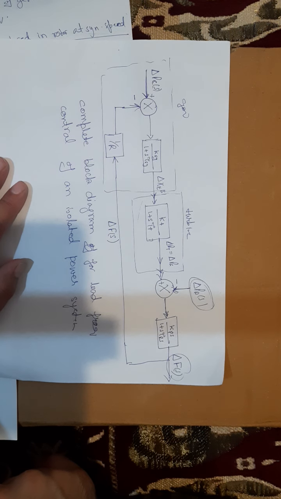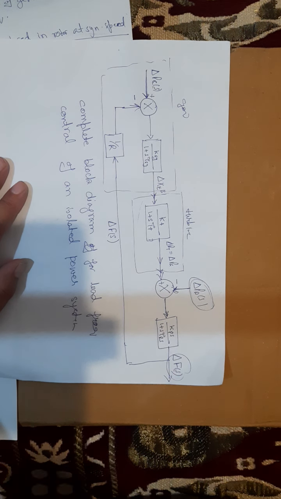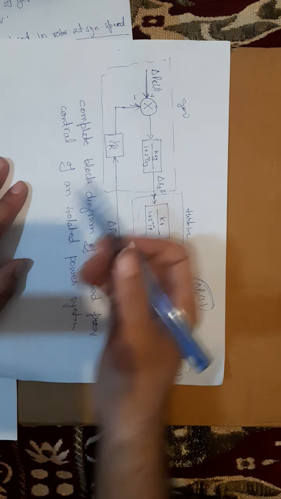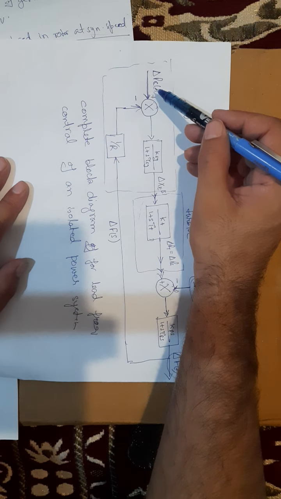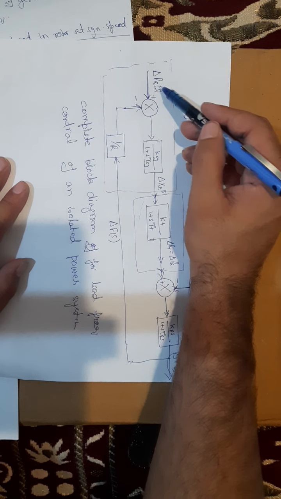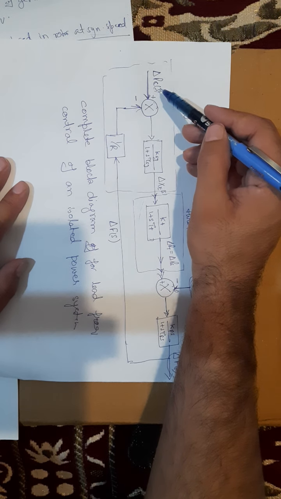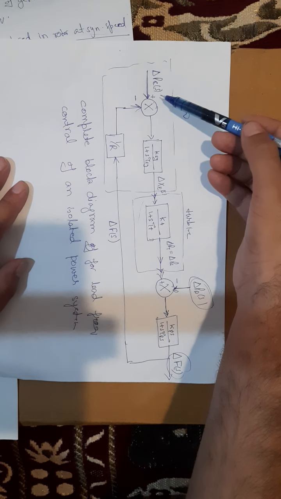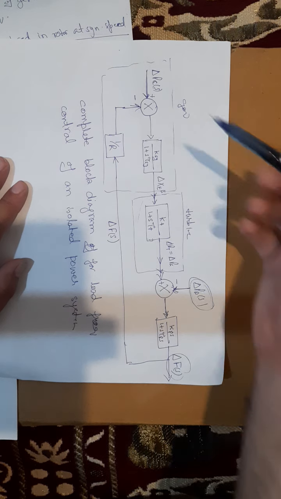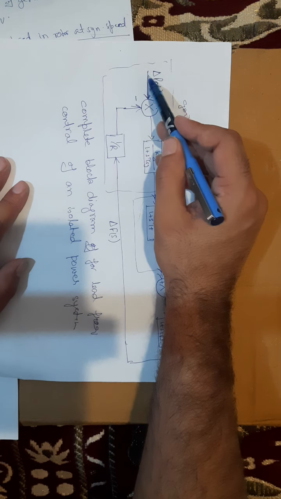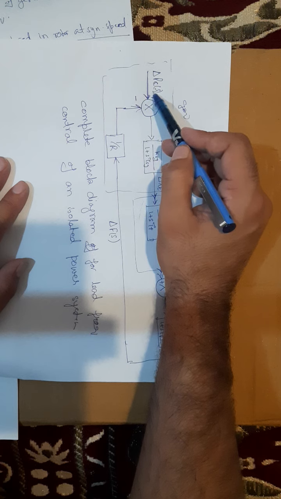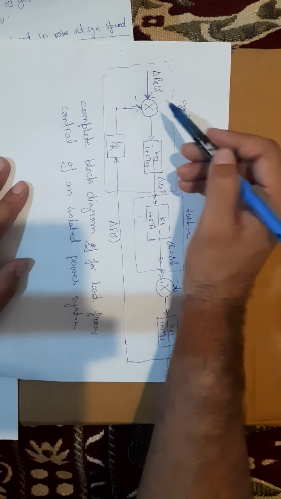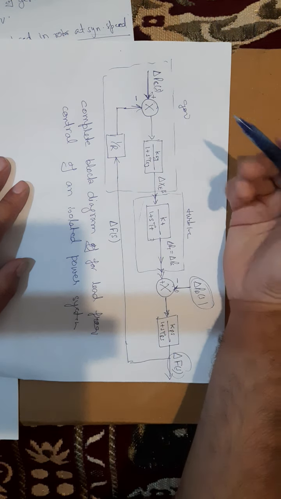Let us calculate how the system will behave for a governor free action, when the speed changer setting is fixed, delta PC is equal to 0, but there is a change in demand in the system.